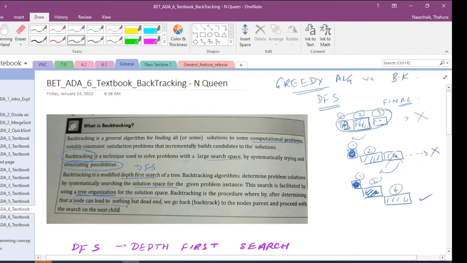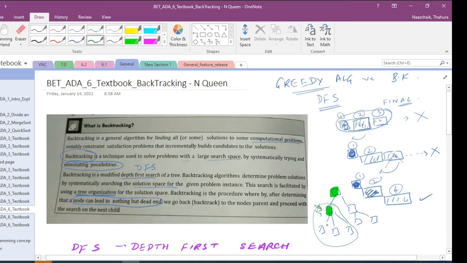That means you hit upon a node, and beyond that, imagine it's a tree structure. Say you visited this, then you picked this and you went here. At this point, say you realize that going forward, any option I pick will be wrong. So at this point, you can discard this complete set. You don't have to go down and visit, because at this point itself you were wrong.